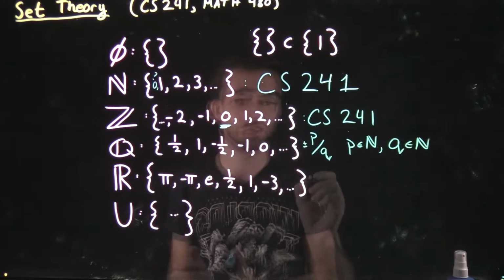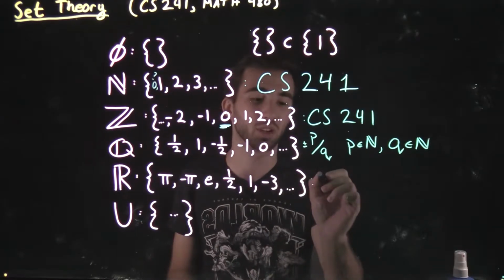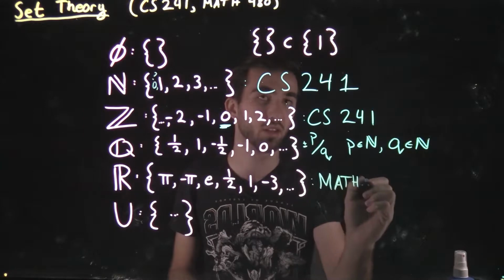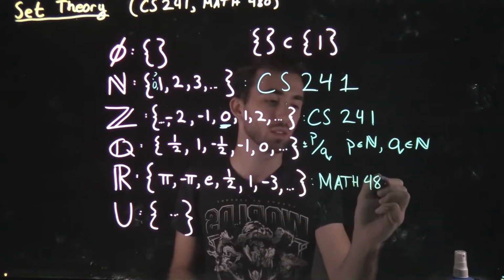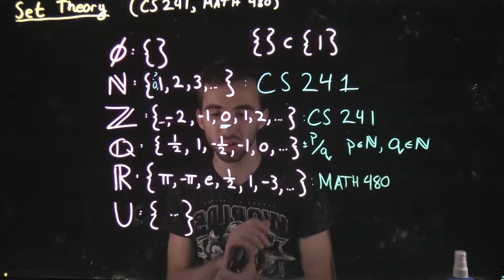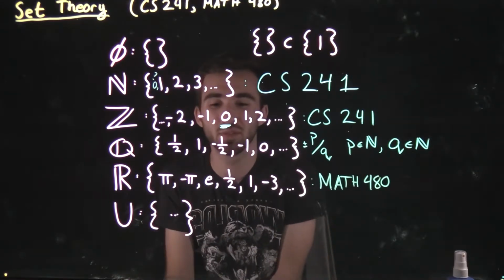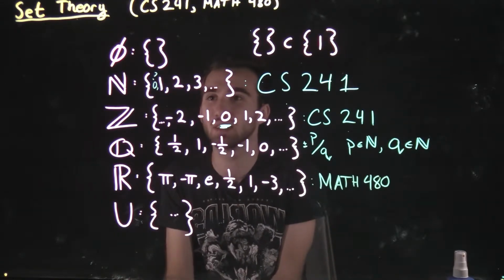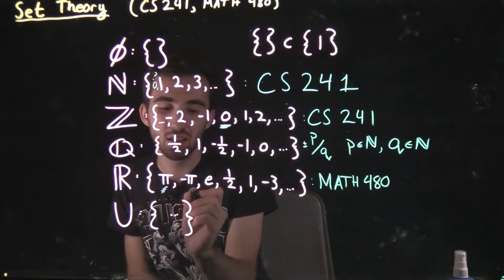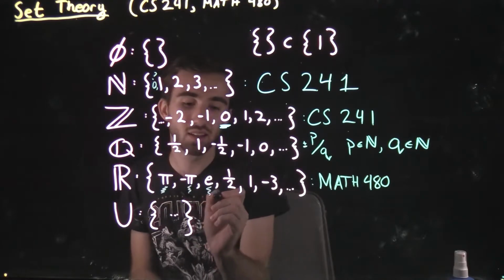It's all the fractions. Finally, for our sets of numbers, and this one's going to be the biggest set in Math 480, this is the set of real numbers. So it includes every number, not just fractions, not just whole numbers. It includes things like pi, and it includes things like e.